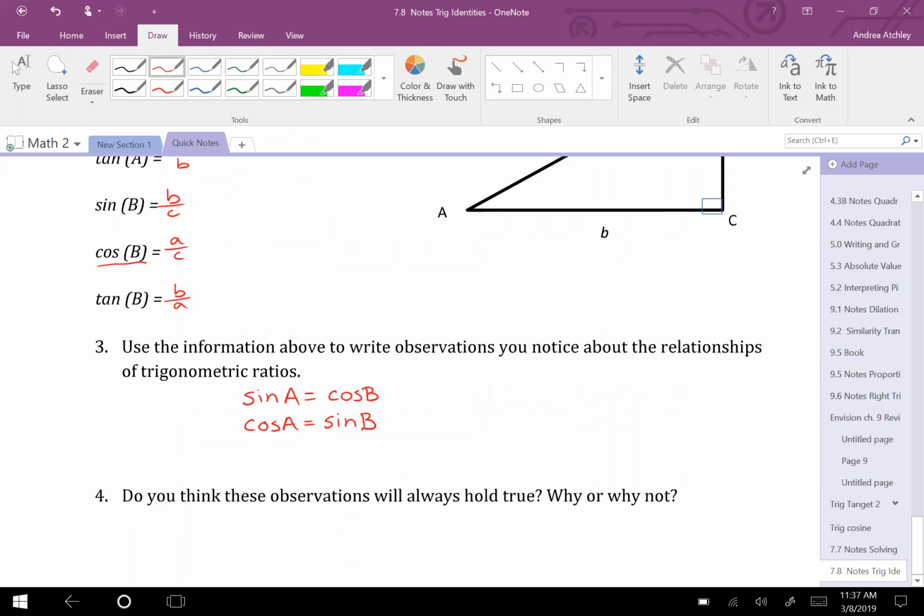So the two acute angles in a right triangle have similar sines and cosines. They're going to be related. They have the same ratios.